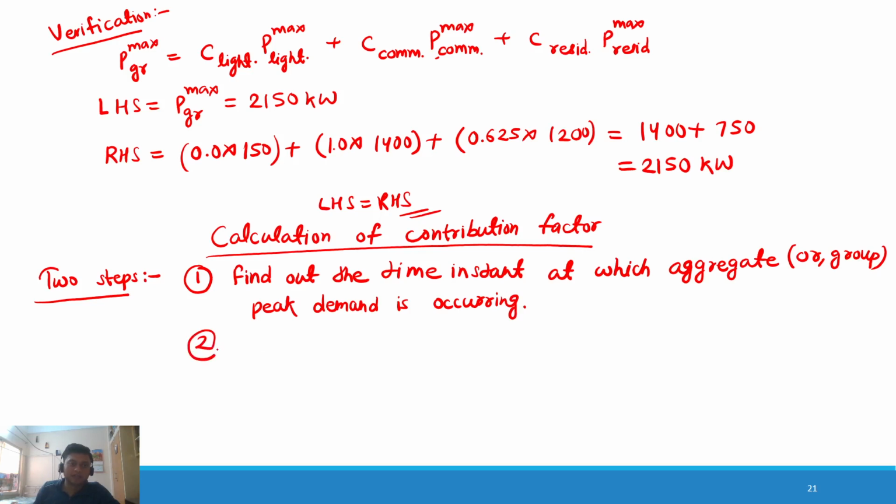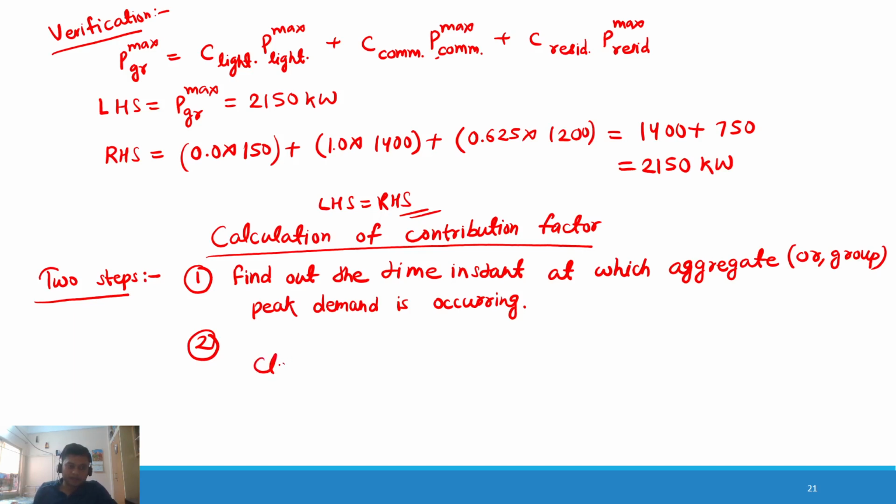And next, for finding out the contribution factor of different classes, we will find out the power demand at that time instant for that class, and it will be divided by the peak demand for that class.